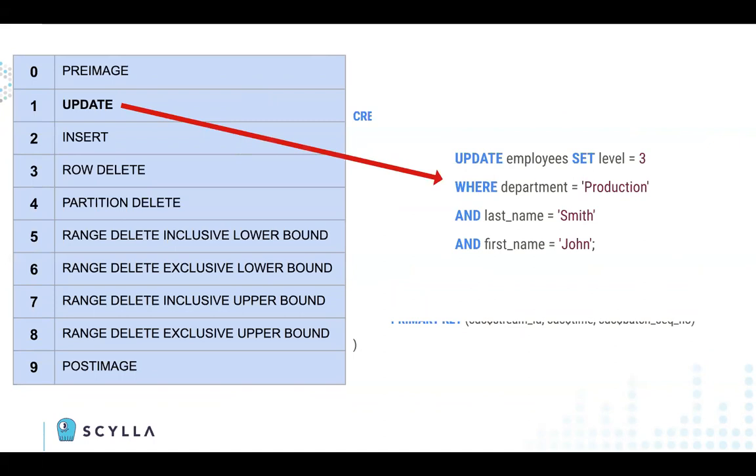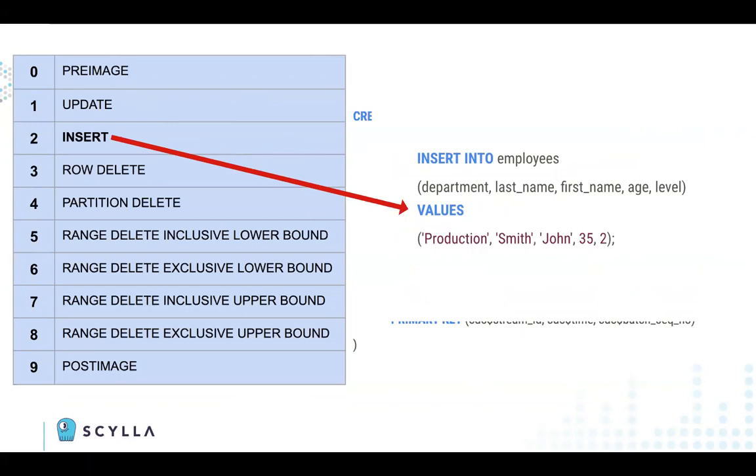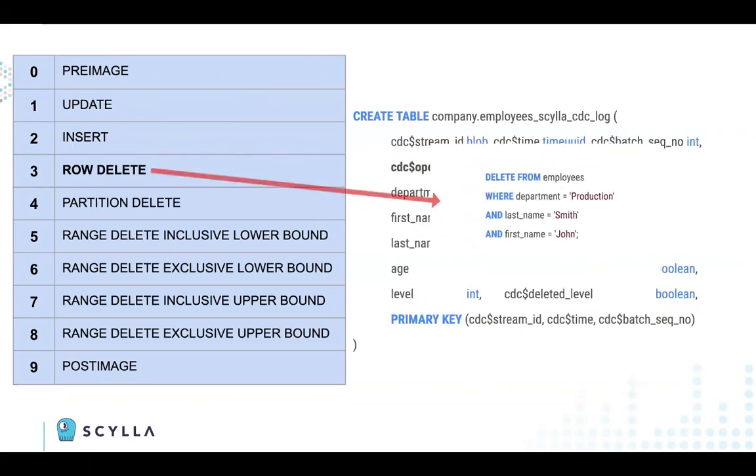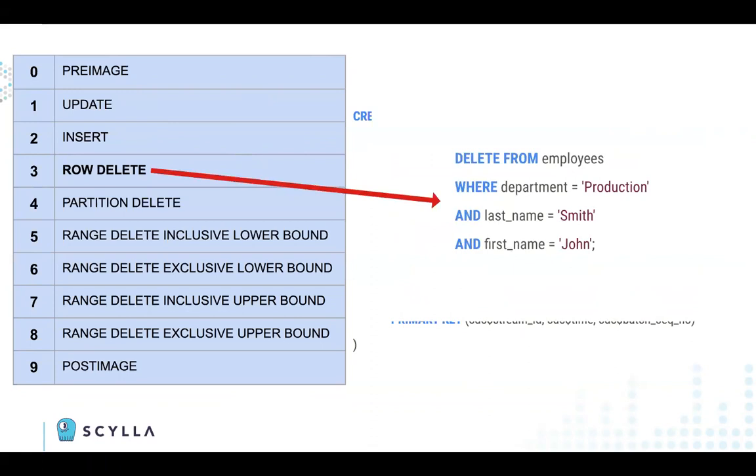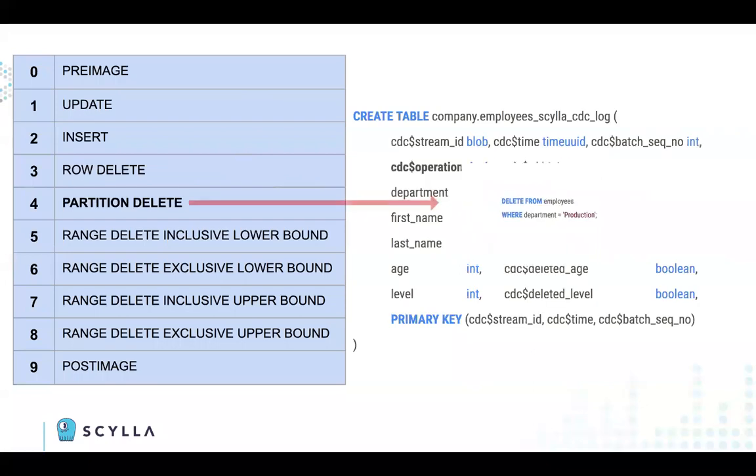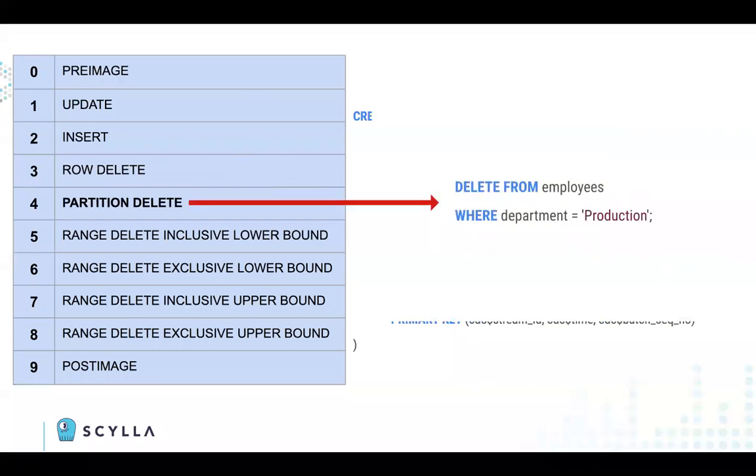Also, deletes are updates if they are deletes of a set of columns. Insert is just a simple insert like this. Row delete is just the whole row delete based on the primary key. We can also delete the whole partition if we define only the partition key in the where clause.